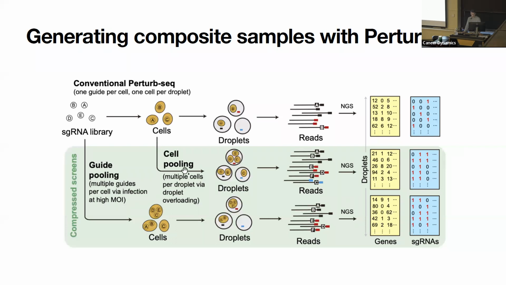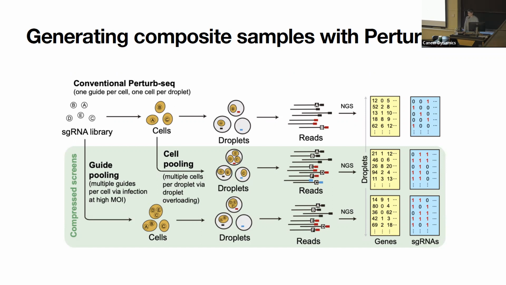But now when we go to load the microfluidic device, we just put in way too many cells. So we ignore the instruction manual and we overload it. What ends up happening is either the machine clogs and you wasted $1,000, or you get an actual usable sample out where you have a bunch of droplets that ended up with multiple cells per droplet.